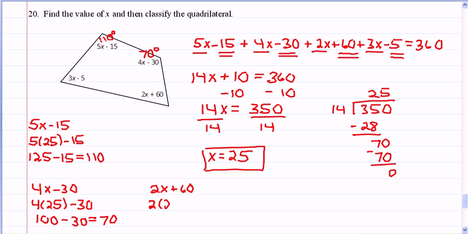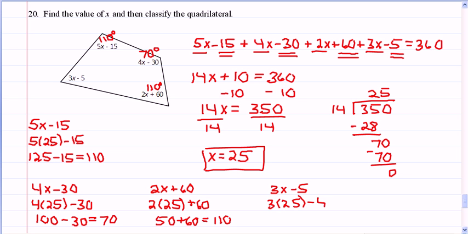So I have 2 times 25 plus 60, and 50 plus 60 is equal to 110. And last, 3x minus 5. Just substitute 25 in for x, and 75 minus 5 is equal to 70.